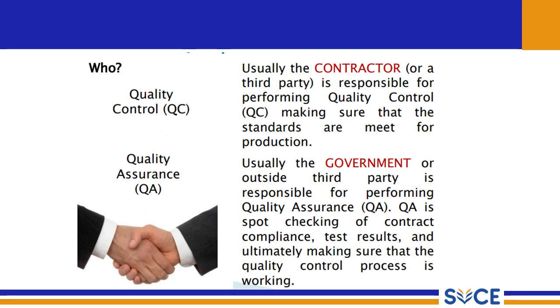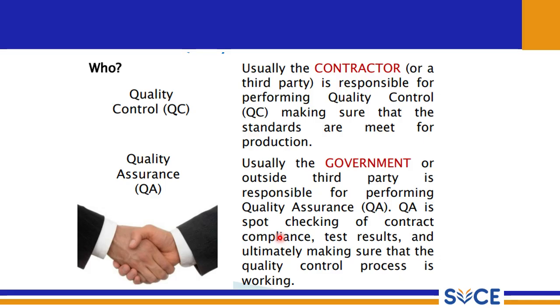Usually the contractor is responsible for performing quality control, making sure that standards are met for the production. Usually the government or a third party is responsible for performing quality assurance. Quality assurance is spot checking of contract compliance and test results, and ultimately making sure that the quality control process is working.